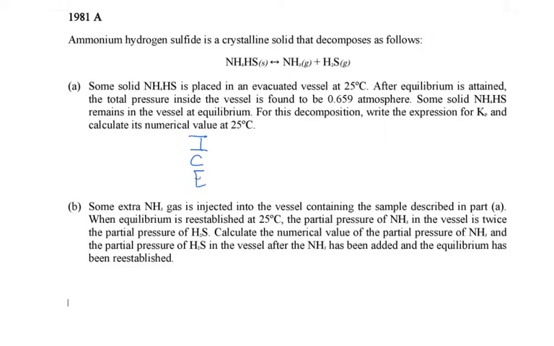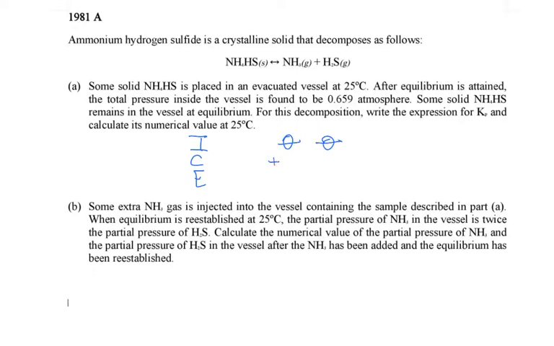So my initial, change, and equilibrium amounts. It doesn't tell us what the initial amounts are. It just says that there's some solid NH4HS that's placed in a vessel. So we would start out with this amount, and then the amounts for the others would be 0 and 0.